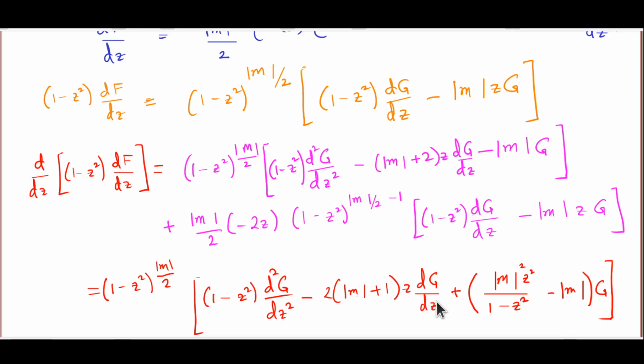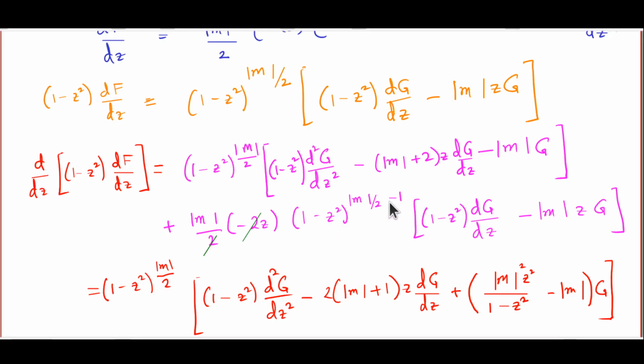So that's what you're going to get. The rest is simply something you obtain by combining this piece here, that's the minus mod m g, with this piece, minus mod m z times the minus mod m z that you have here. Of course, the 2's cancel. And here, of course, you have the 1 minus z square.